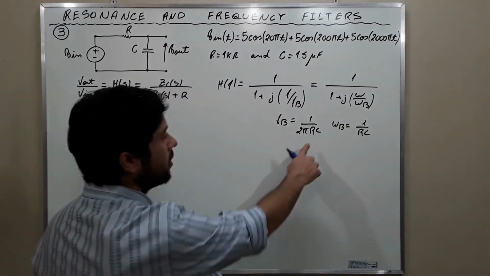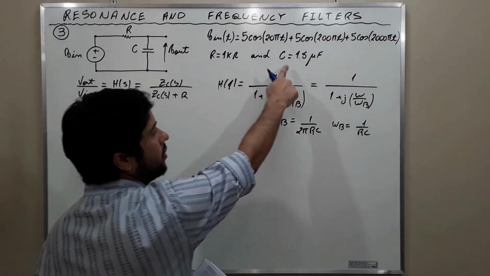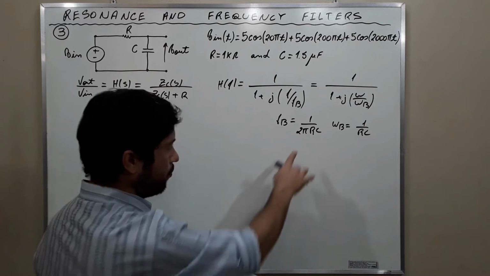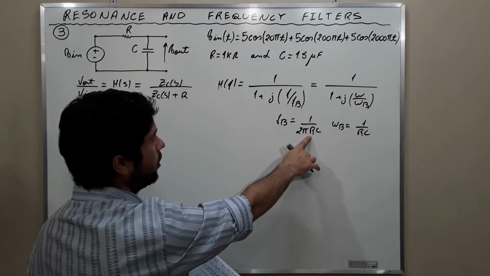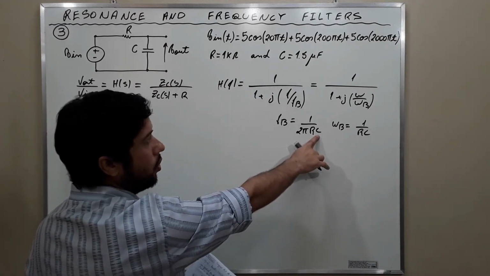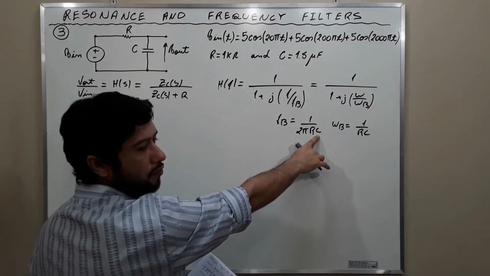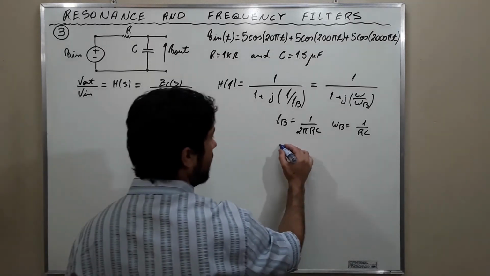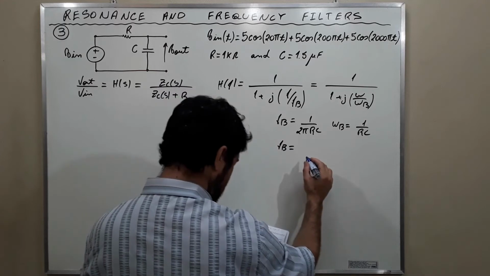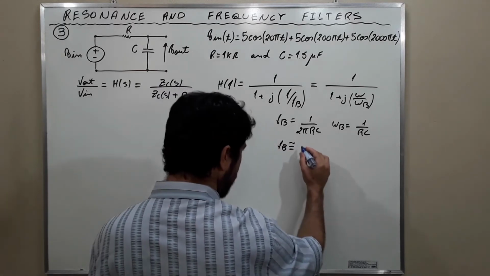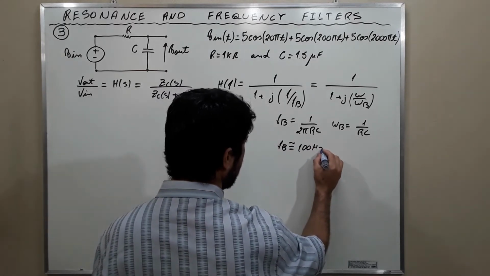And knowing the values of the resistance and the capacitance, substituting here 1 kilo ohm and here 1.5 microfarad, we find that fb is approximately equal to 100 hertz.